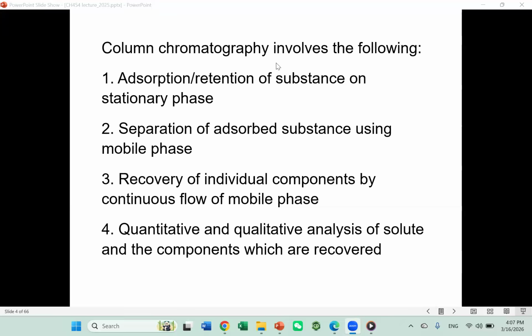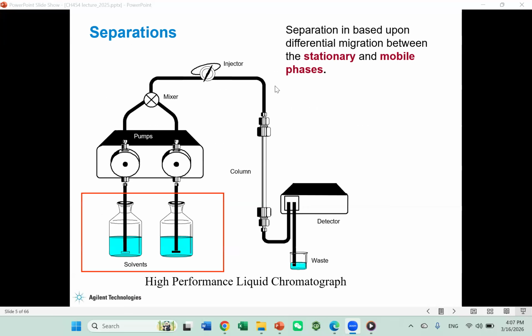If there is weak binding with the stationary phase, the mobile phase can bring the substance down quickly. Afterwards, you just recover the individual components one by one, and you can also quantify the individual components based on the detector.